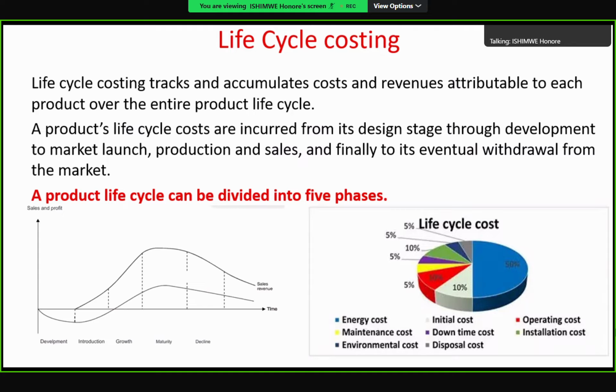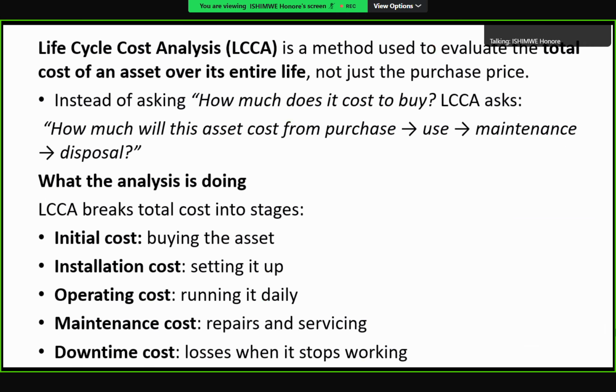So now, life cycle cost analysis, when you look at this graph, is a method used to evaluate the total cost of an asset, or the total cost of our product over its entire life. So not just the purchase price. No. Don't consider only what it required me to produce this product up to production. No. Or you have this asset and the cost of it is the purchase price.